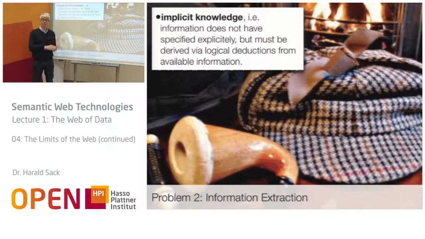And this is only possible if the information that is available is formally and explicitly defined in terms that make it possible that the semantics can be read and understood by the machine. Otherwise, we cannot deduce new knowledge from the available knowledge. So this belongs also to the part of information extraction, and this is problem field number 2.